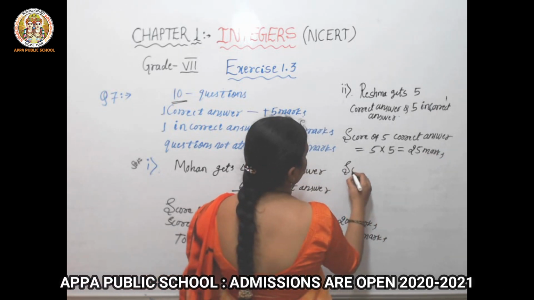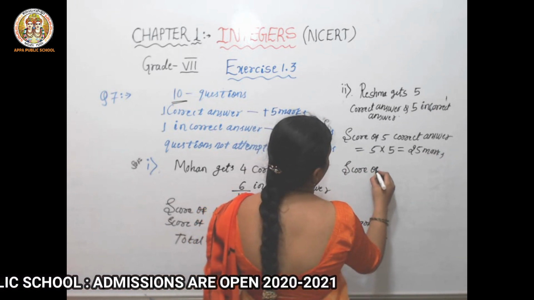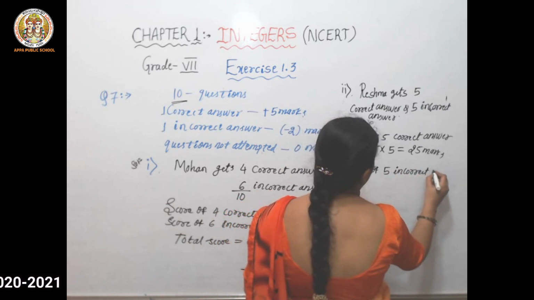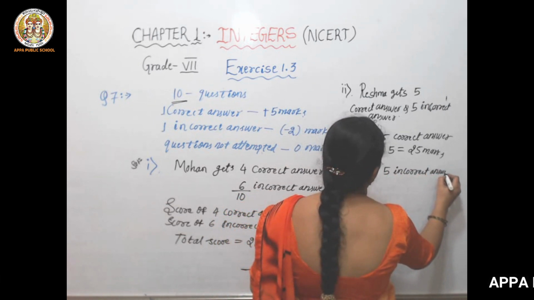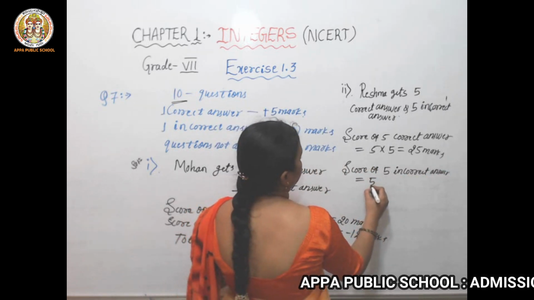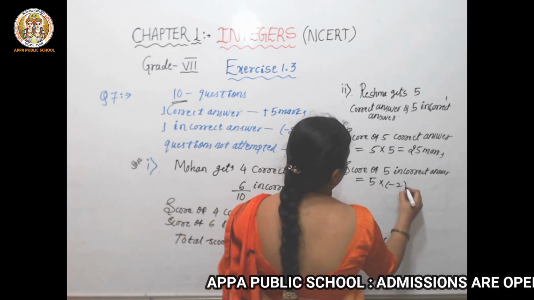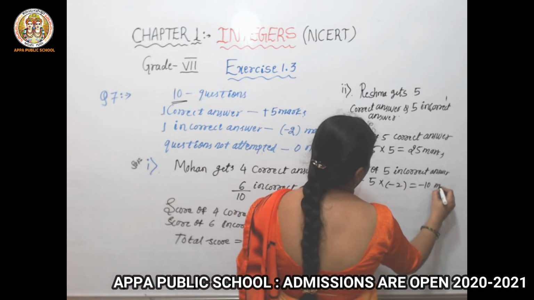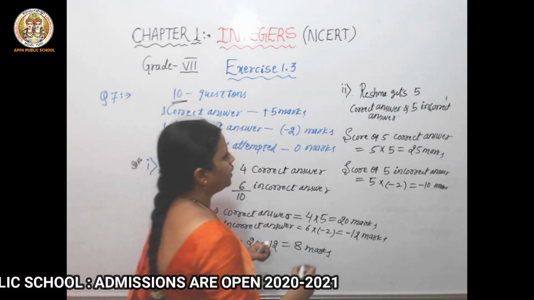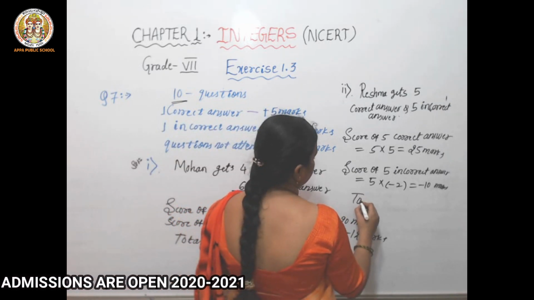Then the score of 5 incorrect answers. It is 5 into minus 2, that is minus 10 marks. Clear? Now the total marks of Reshma.